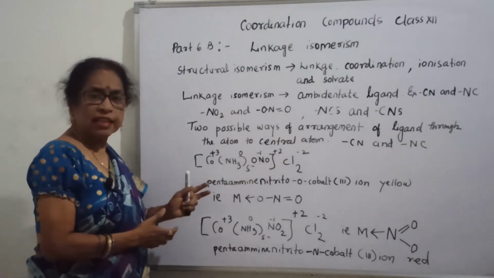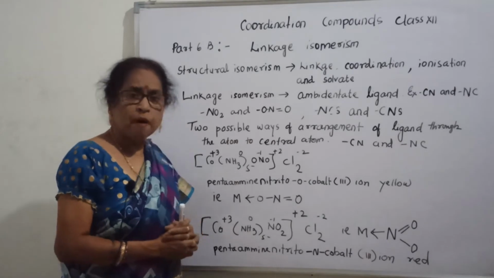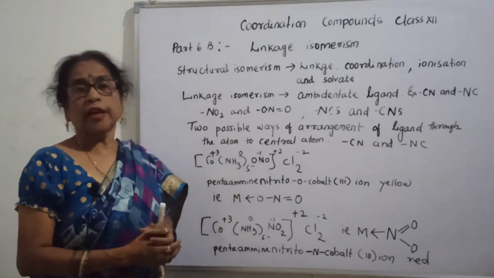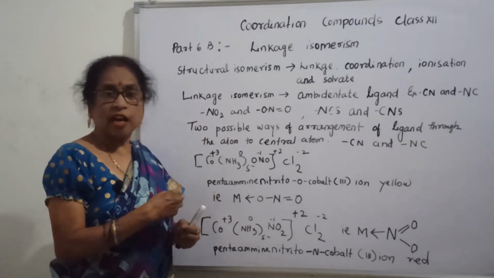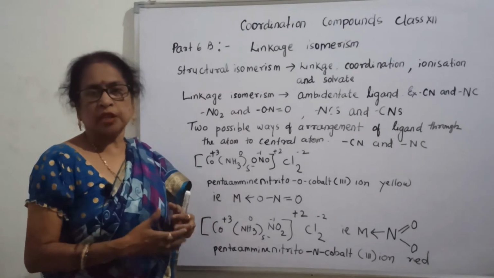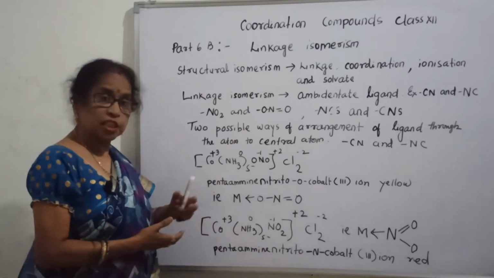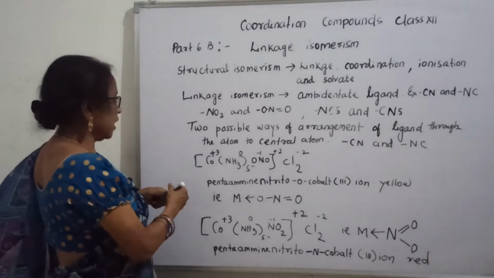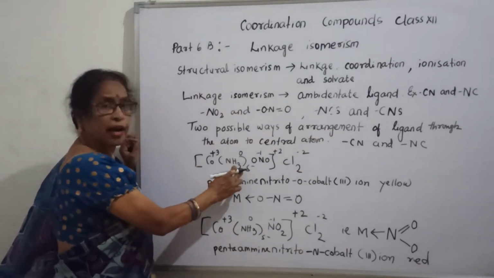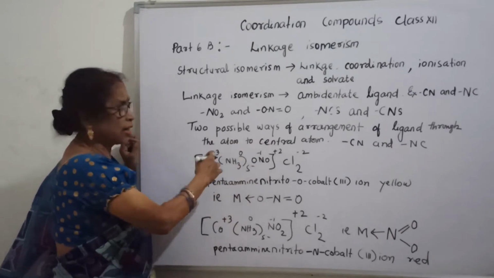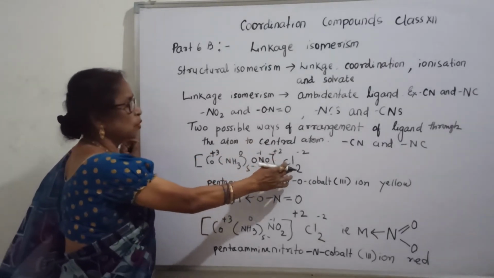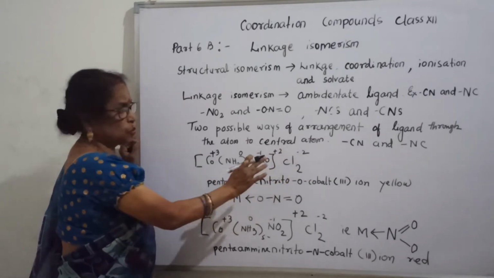Now you see the names of some coordination compounds, where I want to show you how the ambident ligand is attached to the central metal atom and how the nomenclature is totally different, and also the color is different. Here: [Co(NH3)5(ONO)]2+ with Cl2.